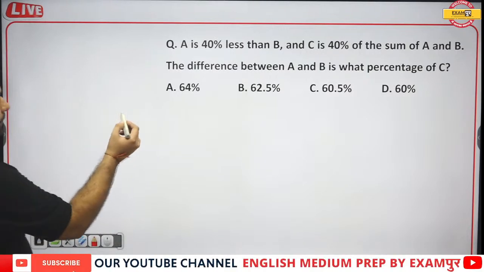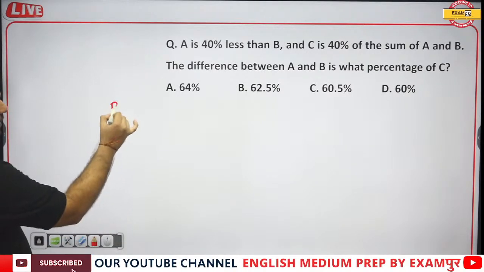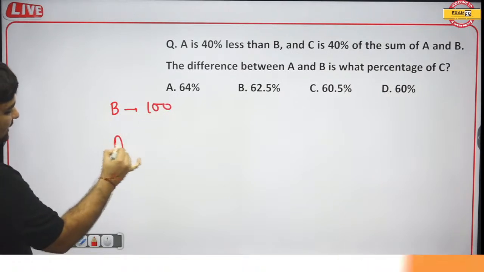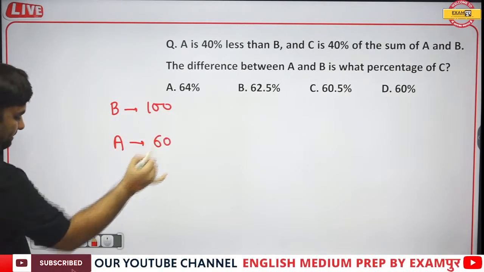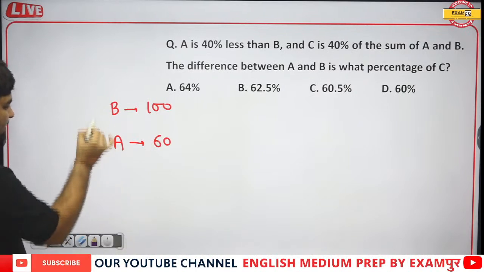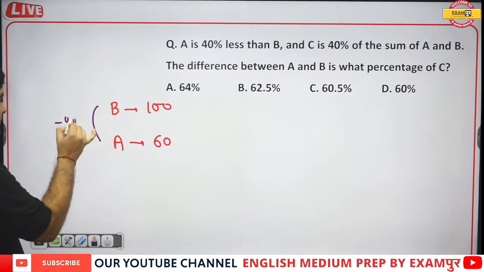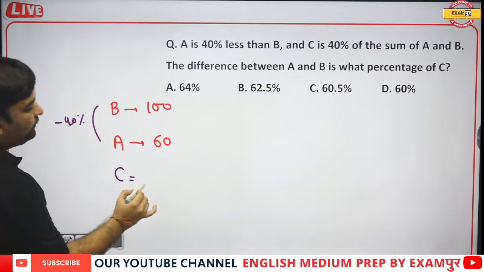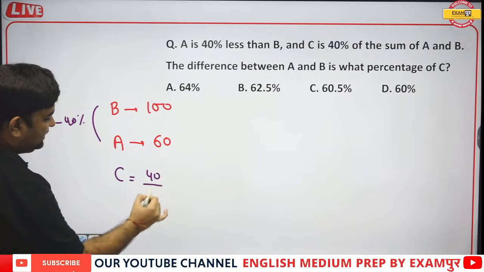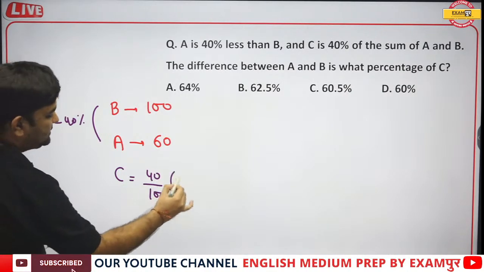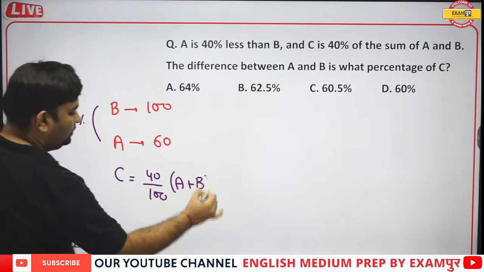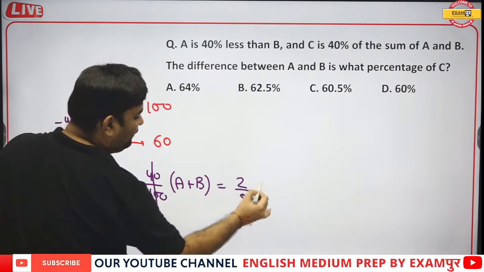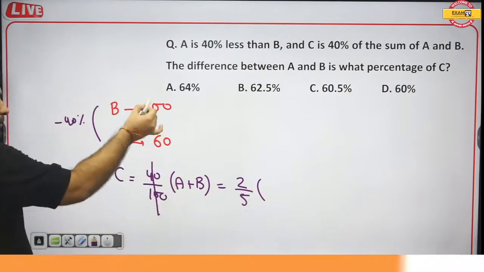A is 40% less than B. Assume B as 100. So A is 40% less means 60. C is 40% of A plus B. You will say, sir, this is 2 by 5 of A plus B. And what is A plus B?